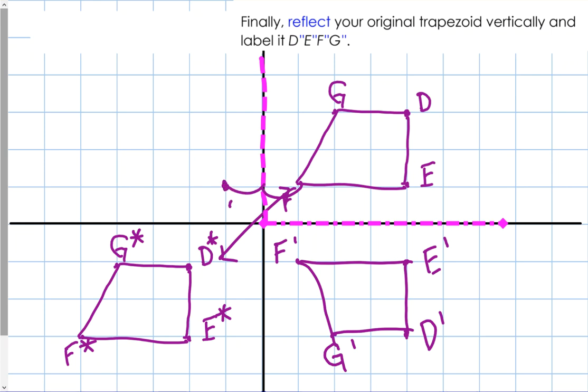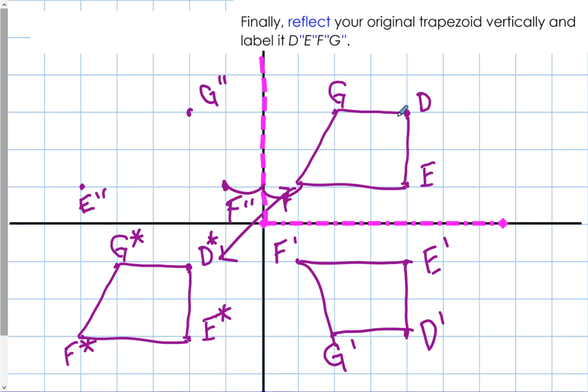We will label this point F double prime. E is 5 units from the mirror line. 1, 2, 3, 4, 5. G is 2 units from the mirror line. We will label this point G double prime.